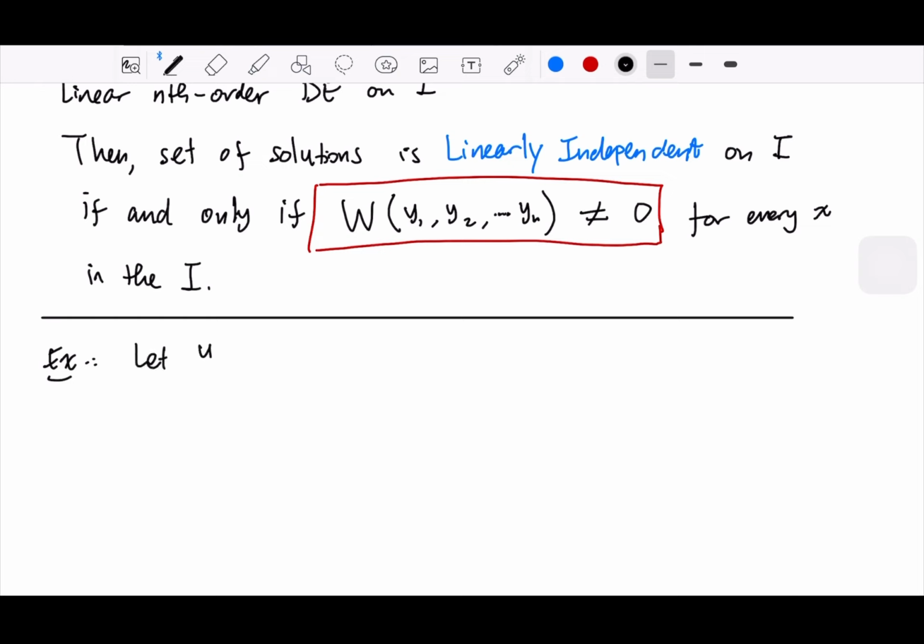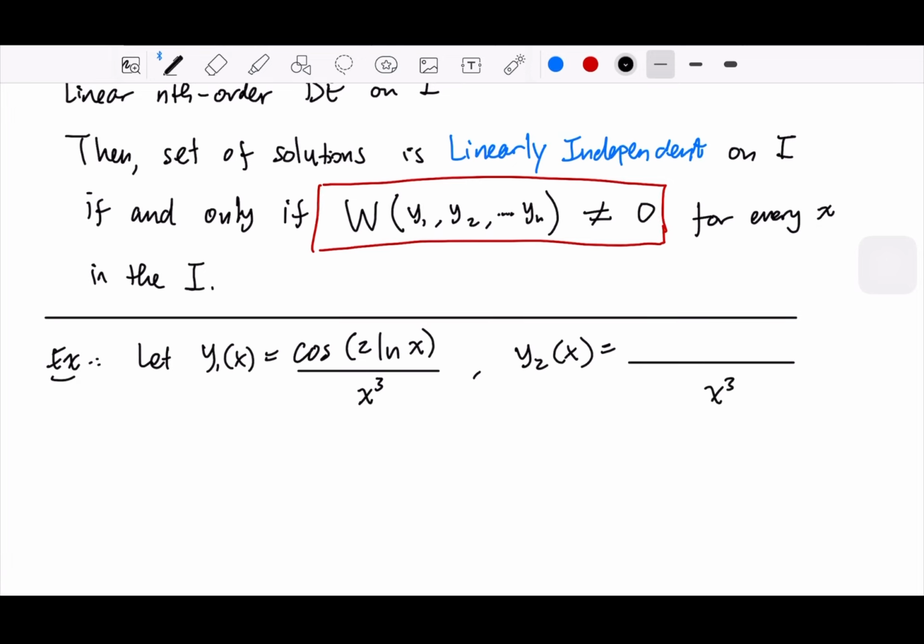Let y1 of x be cosine of 2 ln x divided by x cubed, and y2 be sine of 2 ln x divided by x cubed.